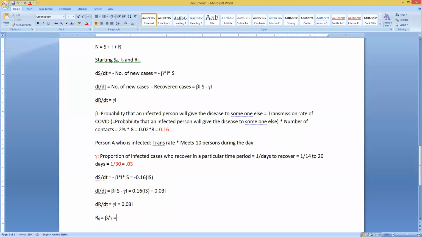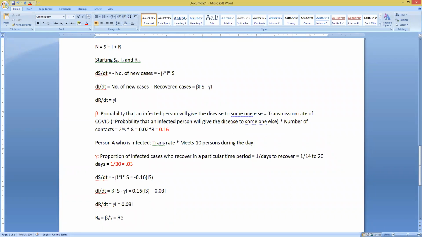You have heard of rho naught? What is rho naught or R naught? Does anyone know? Does it have something to do with the power to which the number of cases increase or something?